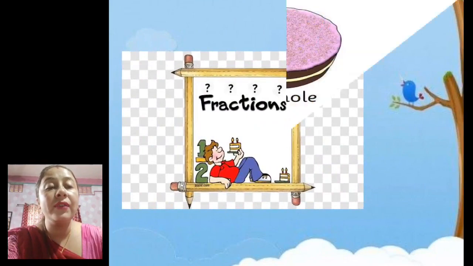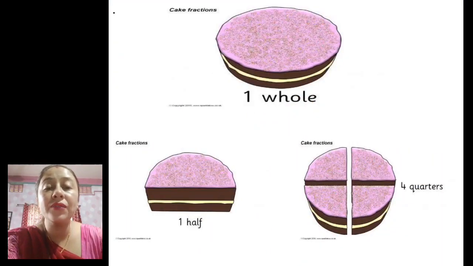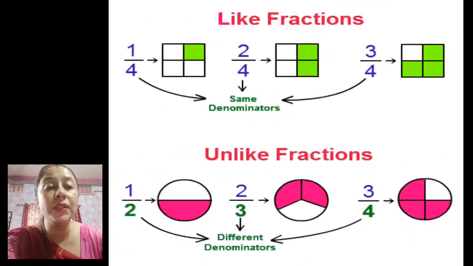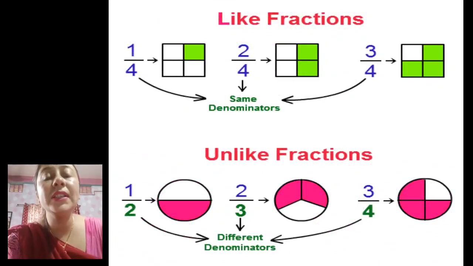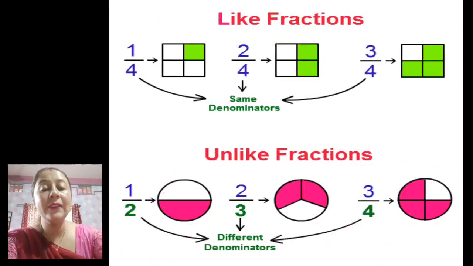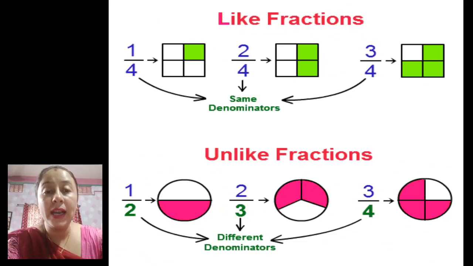Children, we have learned many things about fractions. We have learned whole, half, quarters. Here you will learn a new term: like fractions and unlike fractions. You have learned what is a denominator and what is a numerator. In a fraction there are two numbers.